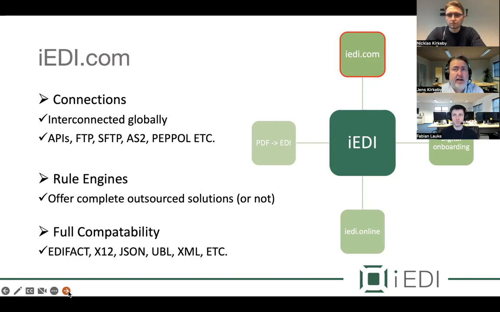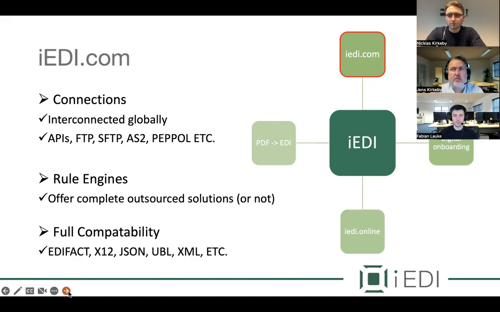Then the IDI toolbox will make sure that your customers get the formats they want, either X12, EDIFACT, JSON through an API, and communicate on the protocols that they demand.